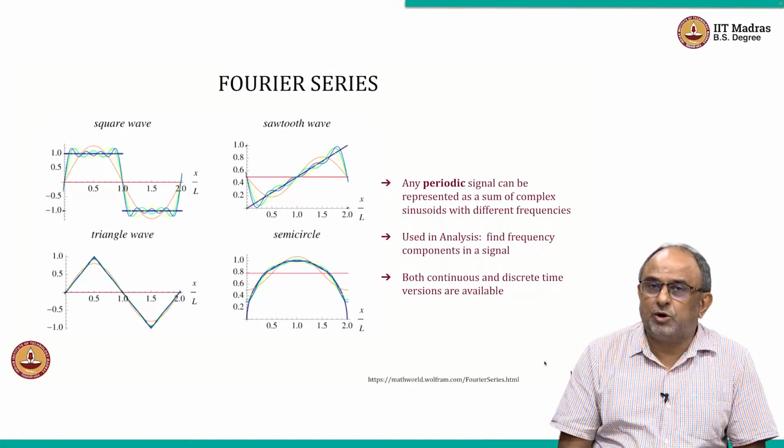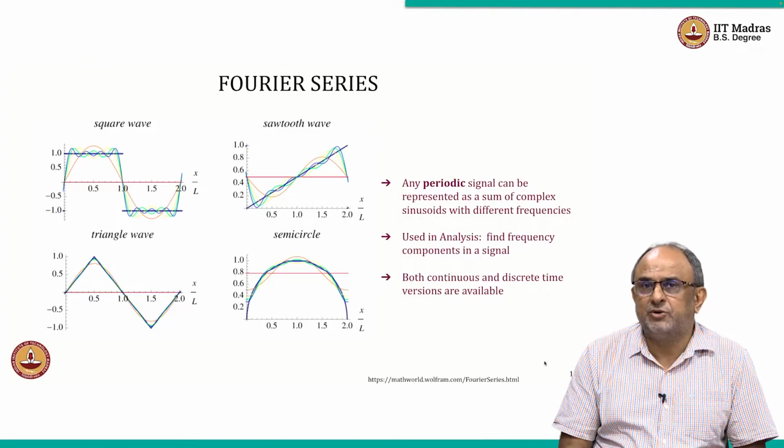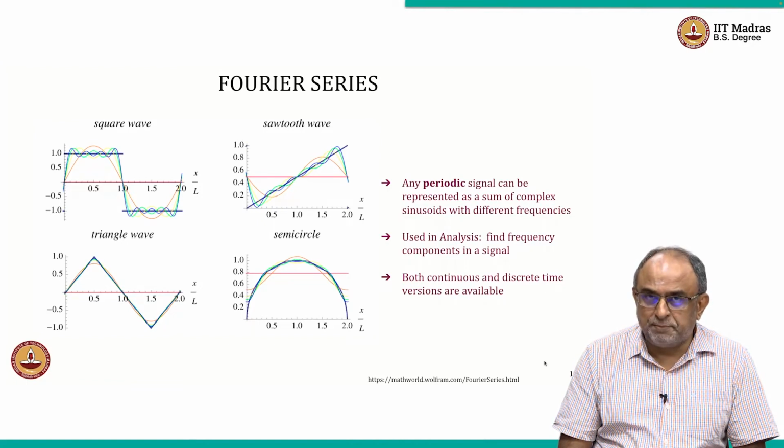So, one is what we call continuous time periodic signals. This is the first thing that you would have encountered, and the basic idea there is that you will expand these periodic signals in terms of sinusoids with different frequencies.